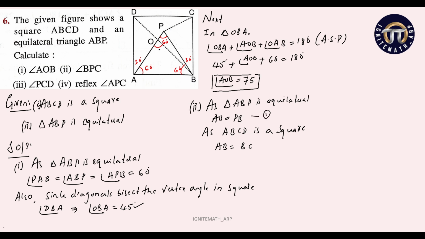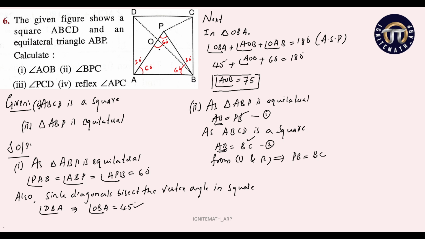So I call these 1 and 2. Things equal to the same thing are equal to each other. AB is equal to PB, AB is equal to BC, so I can say that PB is equal to BC.